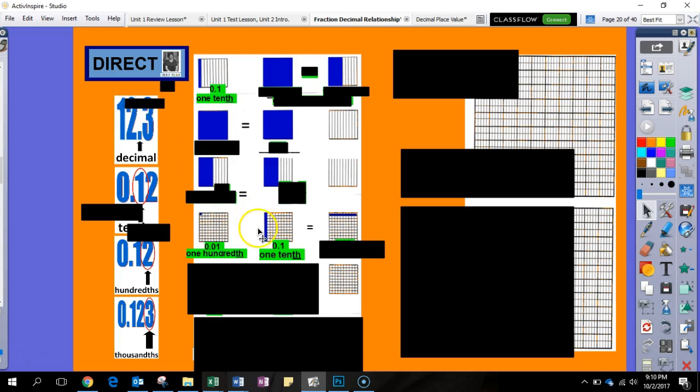This is the same amount of shading, just cut a little bit differently. So we can still say we have 1/10. And if we look at it in a different direction, this is the same amount of shading, it's just written in a different direction. That 1/10 is the same as having 10/100ths, or 0.10. 10/100ths, 10 little squares, is the same as what one column would be. 1/10 is the same as 10/100ths.